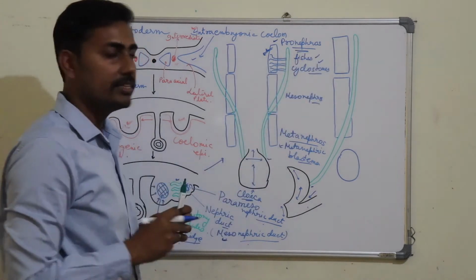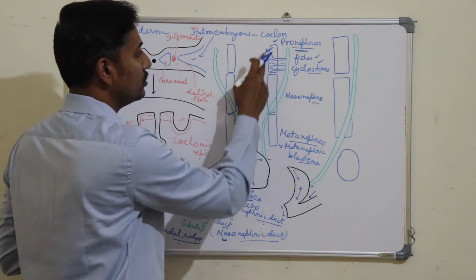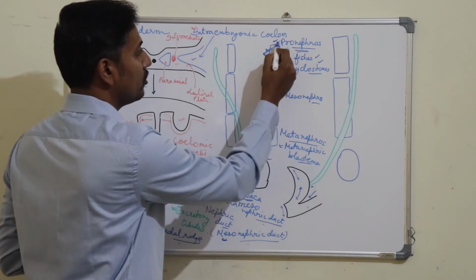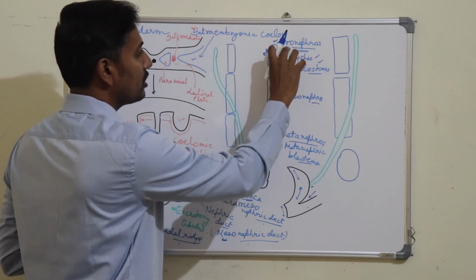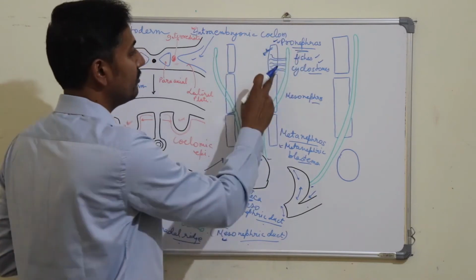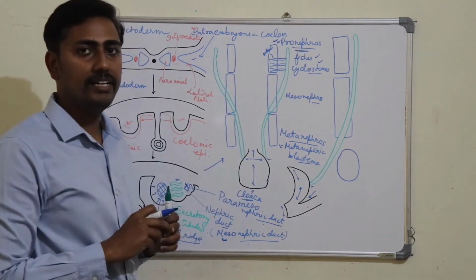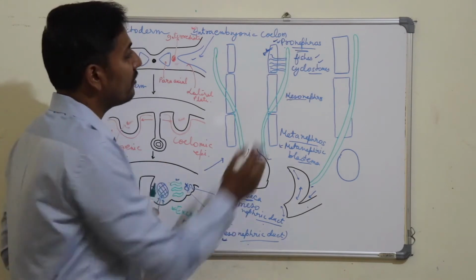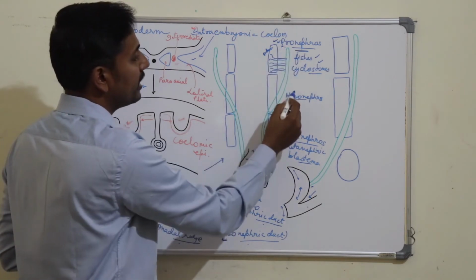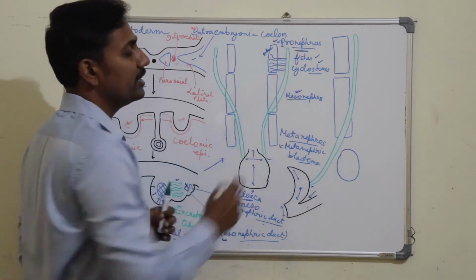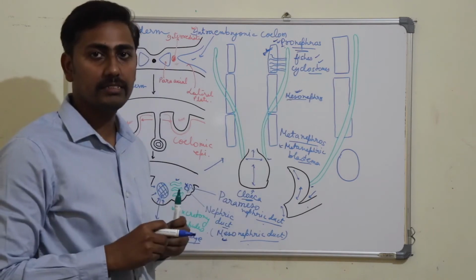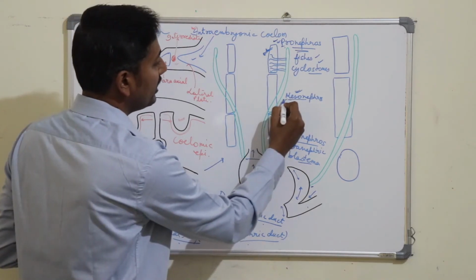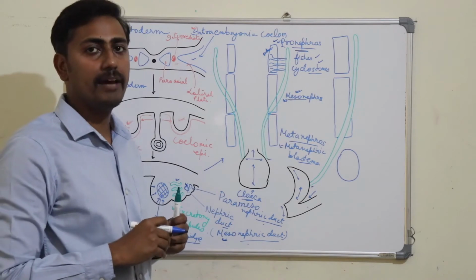In humans, these pronephric tubules and this part of the nephric duct related to the pronephros disappear completely. The pronephros is succeeded by the mesonephros in the higher vertebrates, which is the functional kidney in most of the amniotes.